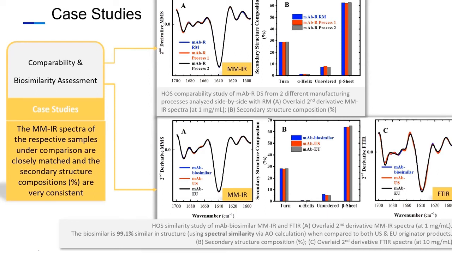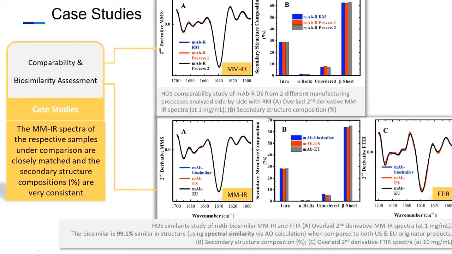In the case of the similarity test, we did the same similarity assessment using FTIR at 20 mg per ml as well. You can see in the bottom figure A, MMIR measures a biosimilar and the innovator products at 1 mg per ml and achieved high quality spectrum with good signal to noise.